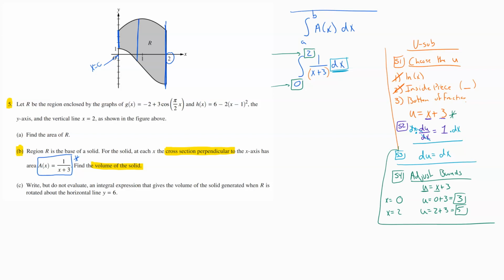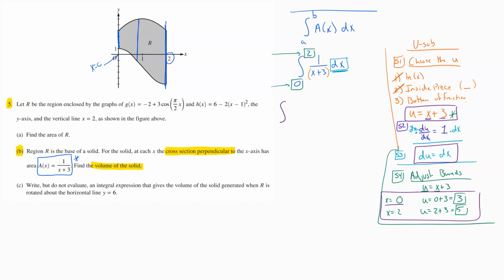Once I've done that, now I'm ready to go back and do the substitution part. So I'm going to substitute in u, I'm going to substitute in for dx, and I'm going to substitute in my bounds here. So working my way through this, it's either one of the things I substitute for or it sticks around.